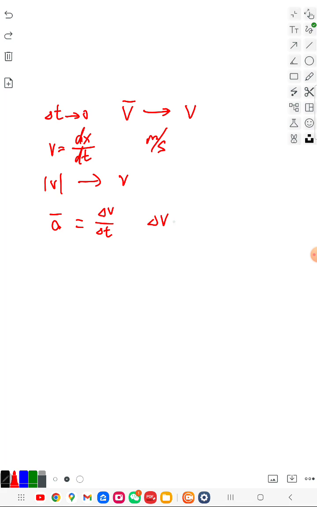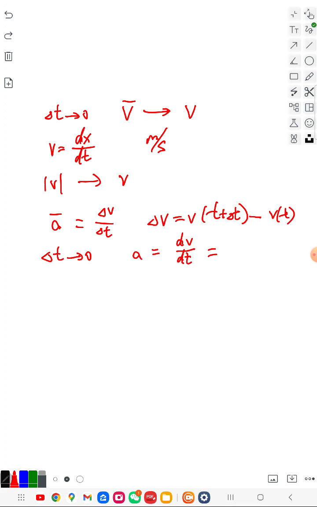So the change in velocity is the velocity at t plus delta t minus the velocity at time t. When this interval goes very, very small, we can introduce the instant acceleration. We can just write a as dv/dt, which is the first derivative of the velocity. It is also a vector.